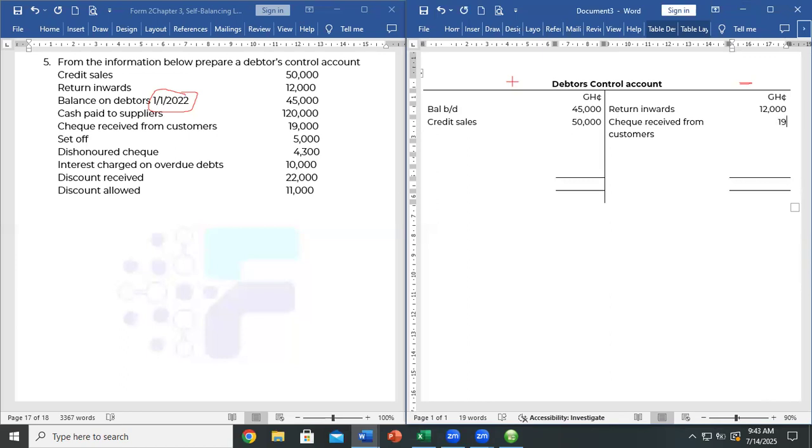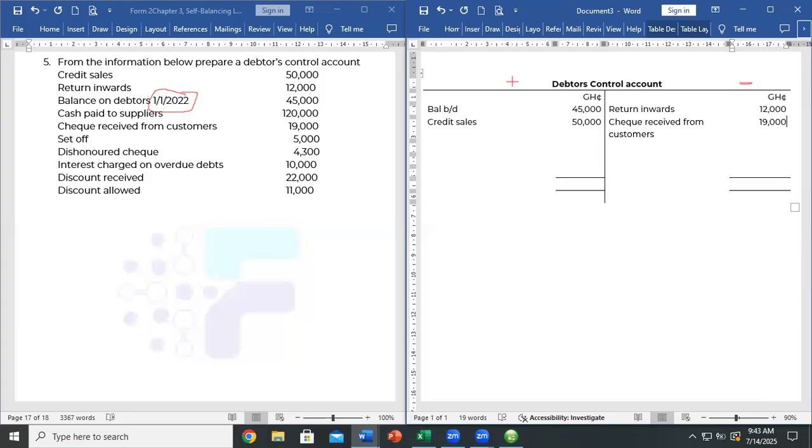Set off. I think I explained set off to mean using a debtor's balance to cancel a creditor's balance, what we also know as contra. So I gave an example like I owe you, you owe me, so let's set it off, let's cancel it off.